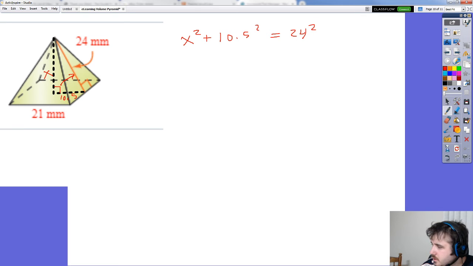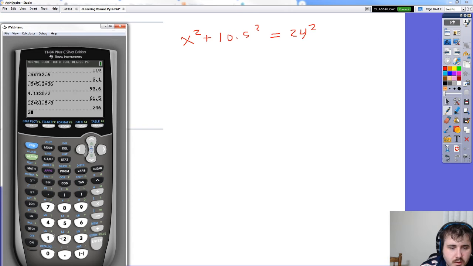And I'm just going to go ahead and do 24 squared minus 10.5 squared, which gets you that number, and then I'm going to square root that.